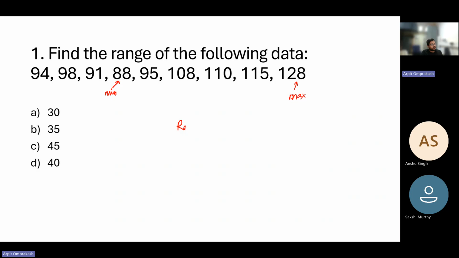The range is basically the maximum of the data minus the minimum of the data. In this case, it will be 128 minus 88, which turns out to be 40. So the answer here will be option D, 40.